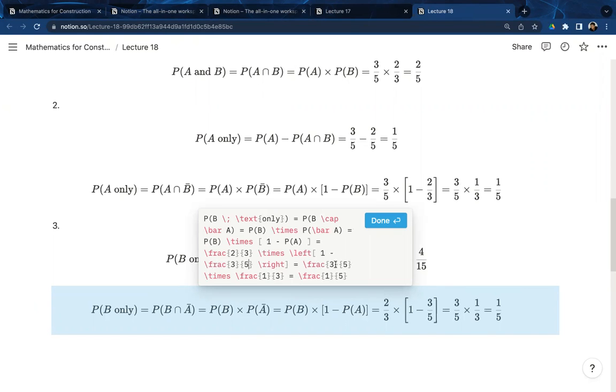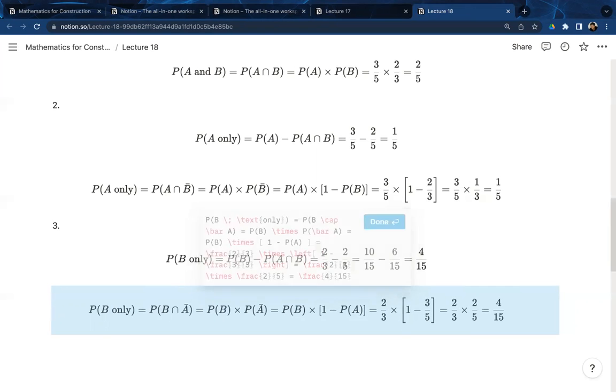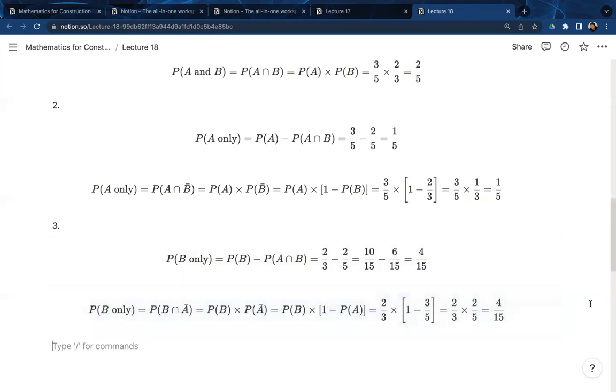So that's 2/3 by 2/5. That's 4 over 15. So you see we get 4 over 15 in two different ways, right? Both ways are correct and they need to make sense to you, right?